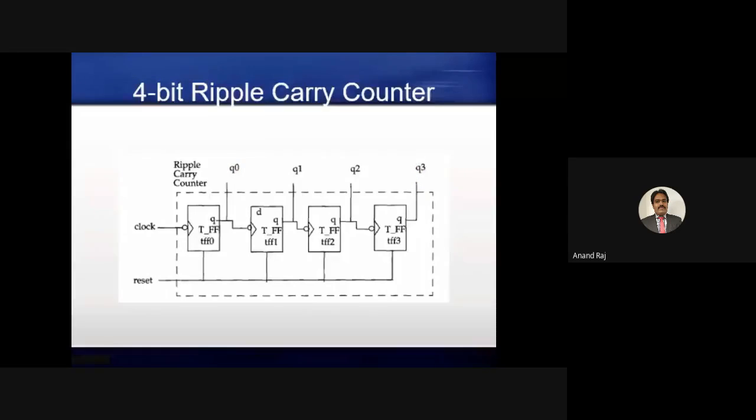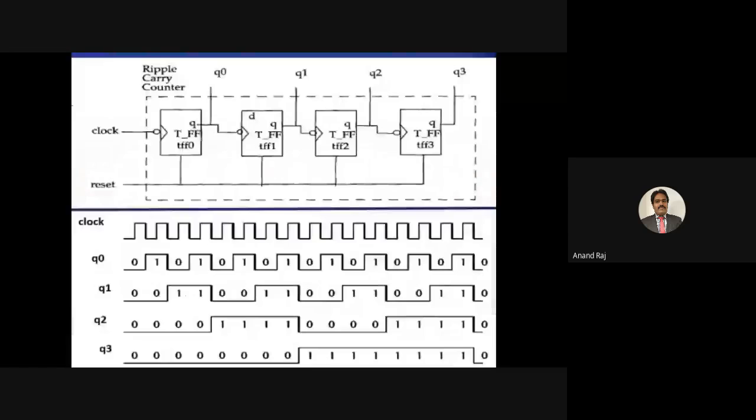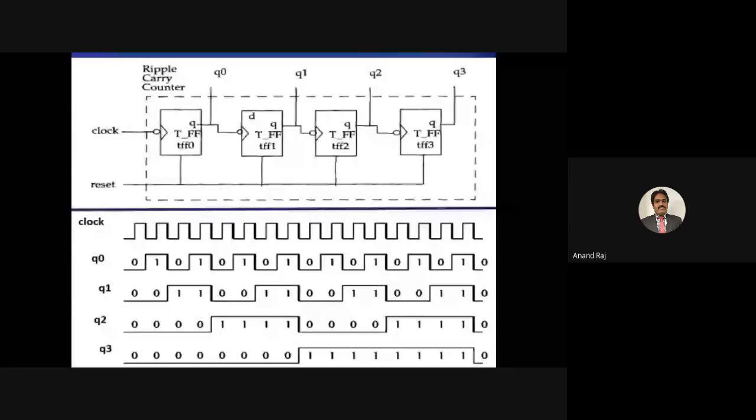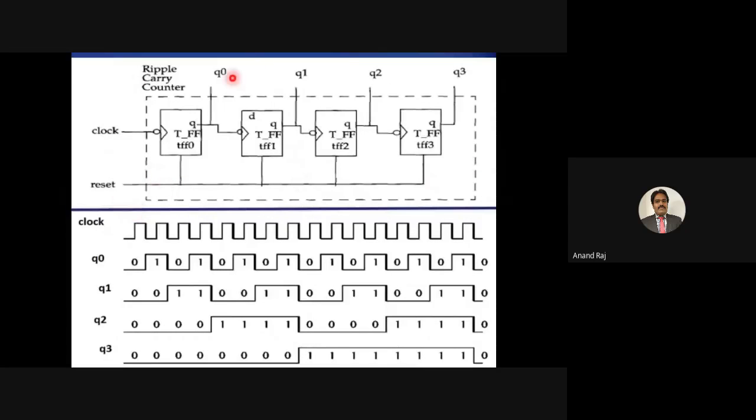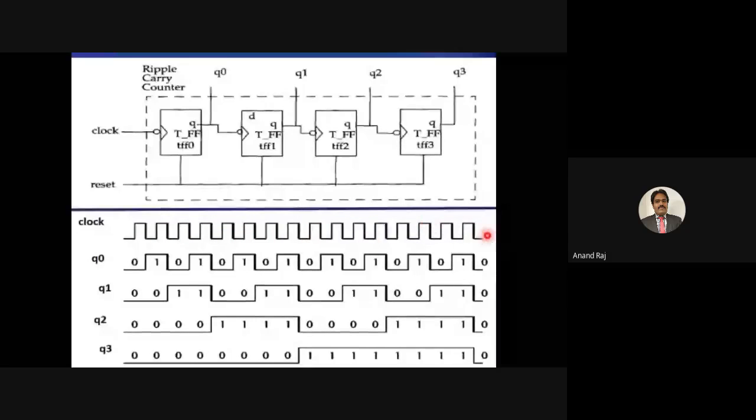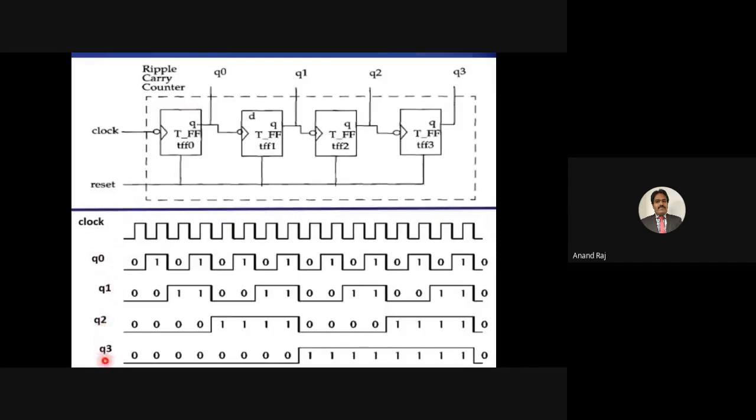We'll look into the working of the ripple carry counter. For your reference, I have included the logic diagram of the 4-bit ripple carry counter. So here there is the timing diagram of the same. So first input is the clock. So clock is a continuous train of pulses. Then the outputs Q0, Q1, Q2, Q3 are plotted accordingly.